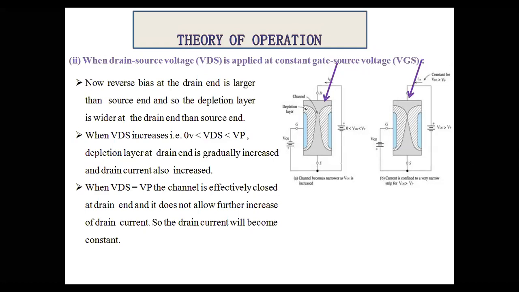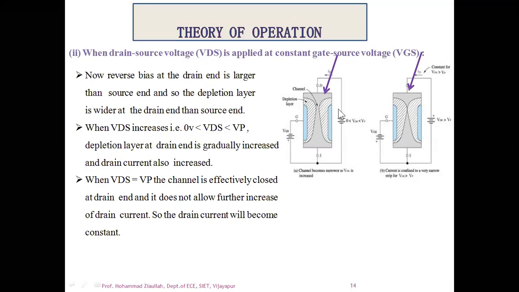So during that case, what will happen now? Here you can see again the two cases. The first case is what? VGS is made constant, and now the drain and source voltage is also available. In the sense, we are applying the two voltages. Now the reverse bias at the drain end is larger than at the source end, obviously, because this is constant but this voltage I am increasing because it is positive.